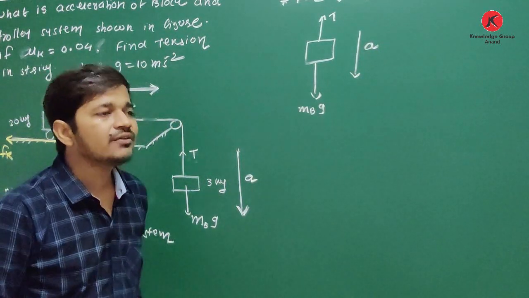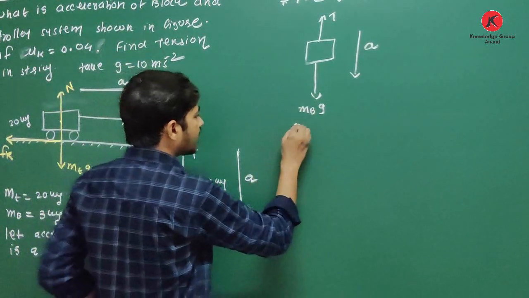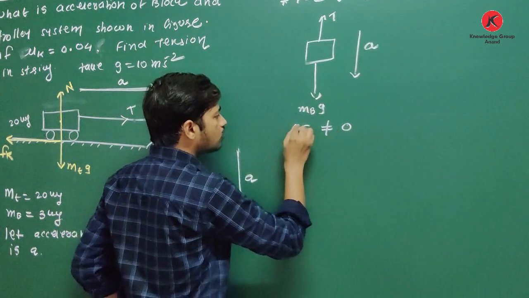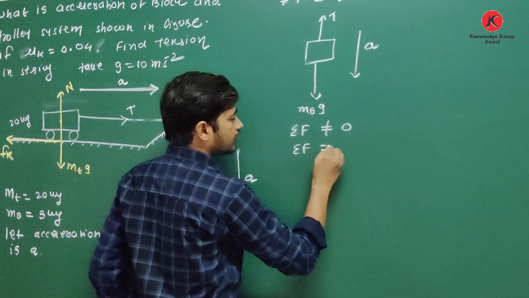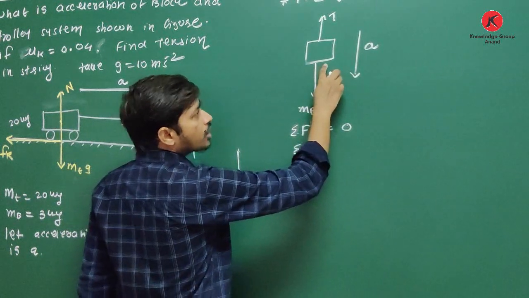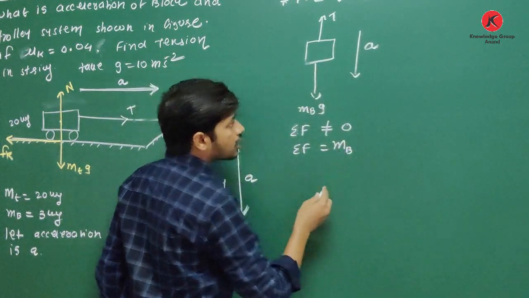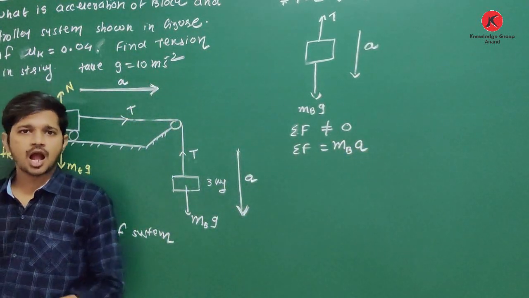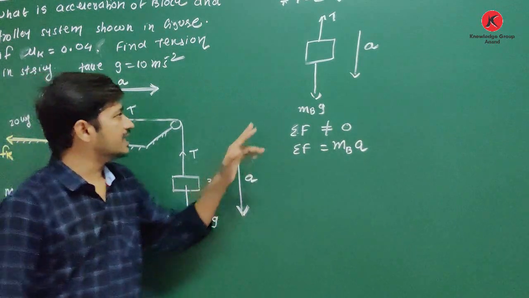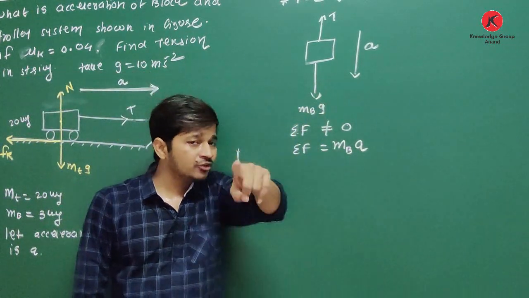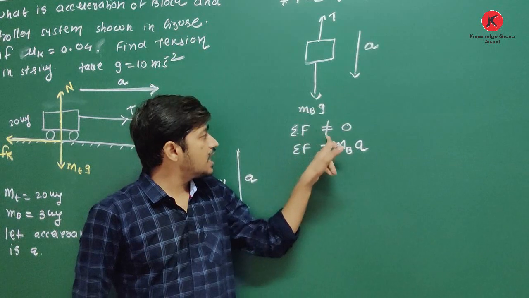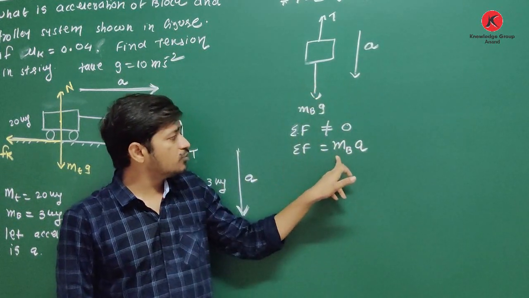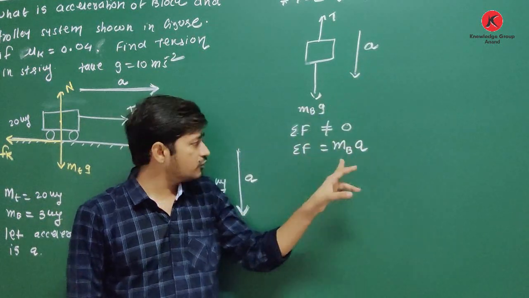As it is moving with some acceleration, here sigma F is not 0. It is not in equilibrium. So how to write? Sigma F is equal to the mass of block times acceleration, which we have assumed as A, so it is mBa.